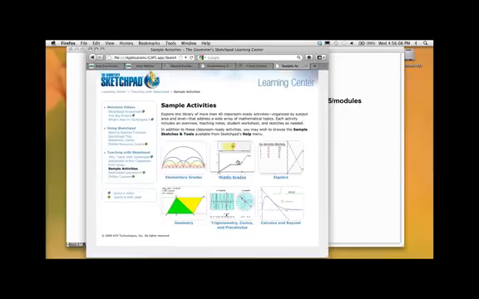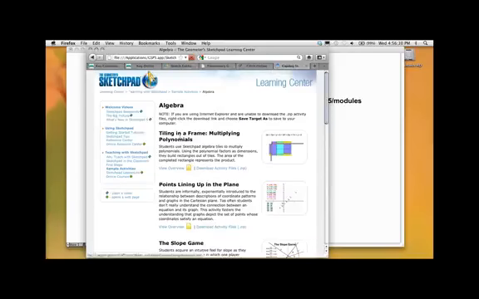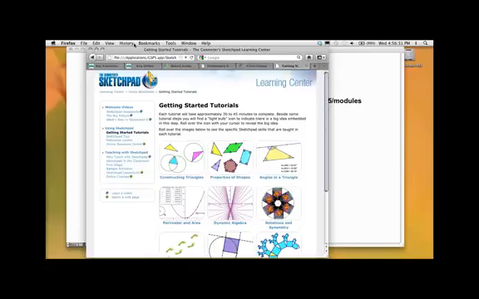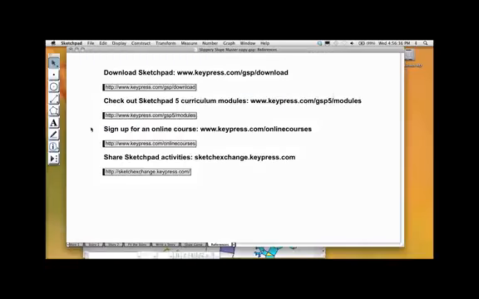Some of the activities we did today, like Mellow Yellow, are sample activities that come with Sketchpad 5. The slope game is an algebra activity that comes with Sketchpad 5. Points Lining Up in the Plane, I didn't have time to do today, but it's another really nice activity that builds the foundation for slope and graphing. So I just wanted to point out the Learning Center for those of you who are not familiar with Sketchpad 5.